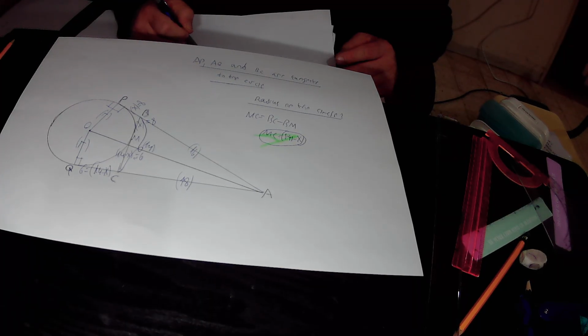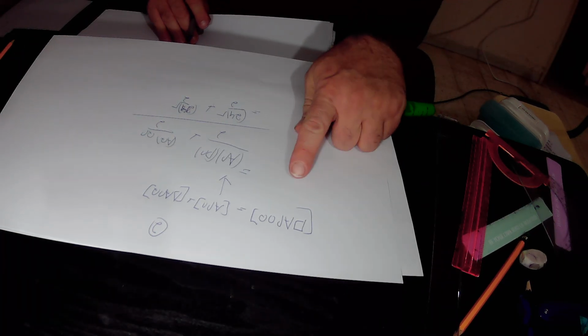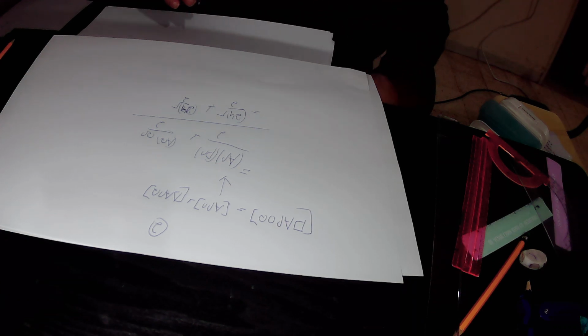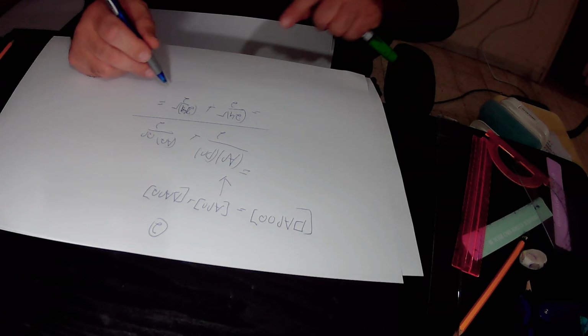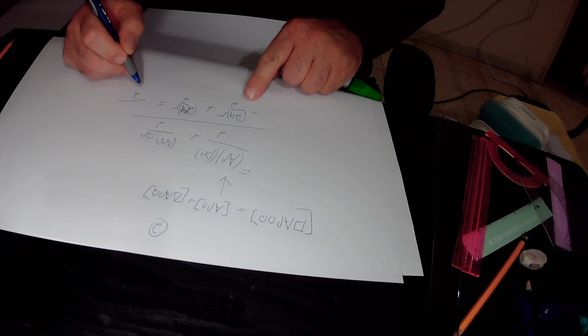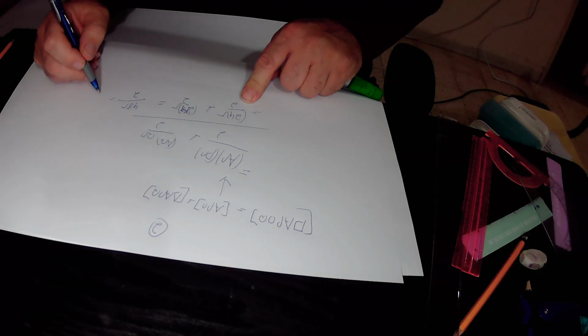So in total, we found out that the area of quadrilateral APOQ equals 24R over 2 plus 24R over 2. Here we take 2 as a common factor from those two expressions, and we get 24R plus 24R is 48R over 2, which is 24R.